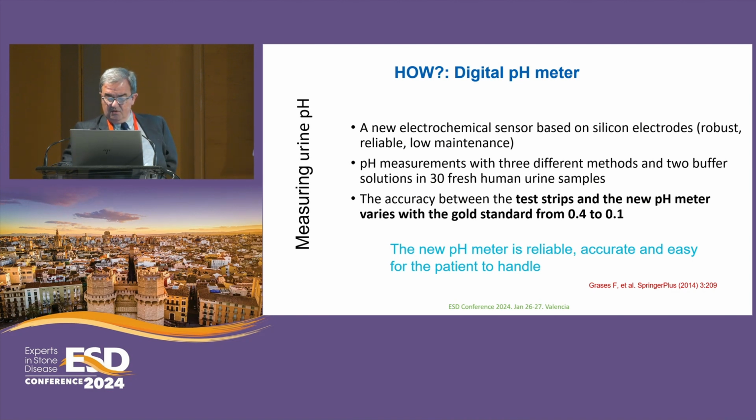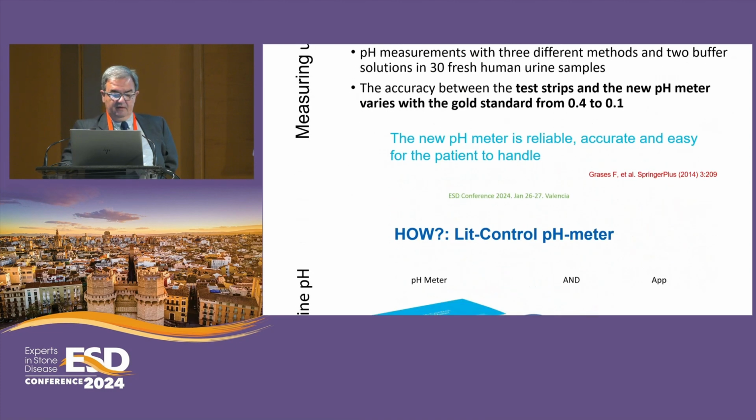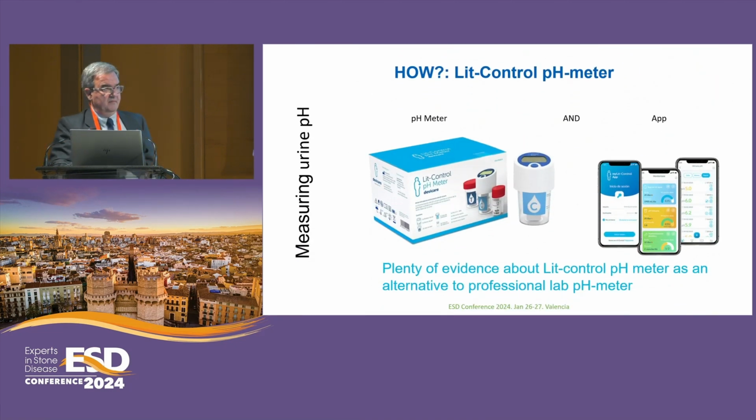They concluded that the new digital and portable pH meter was reliable, accurate, and easy for the patient to handle. So we're talking about, as you can imagine, the Lithocontrol pH meter. And the results can be even improved for the patient with the use of these mobile applications.